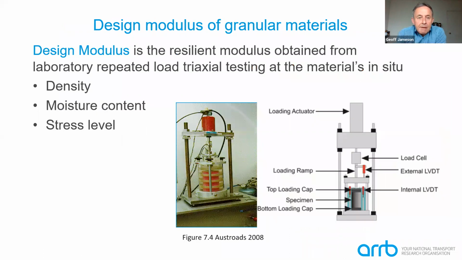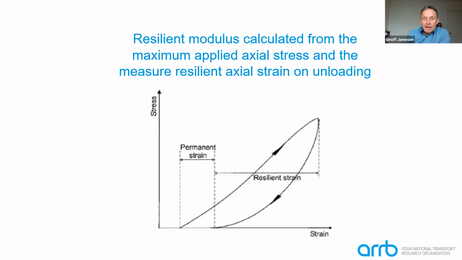Now, how do we come up with the design modulus for granular materials? In the Austroads guide, it's defined as a resilient modulus obtained from the laboratory repeat load triaxial test at the appropriate density, moisture, and stress conditions. So that's our definition. And it is a resilient modulus.